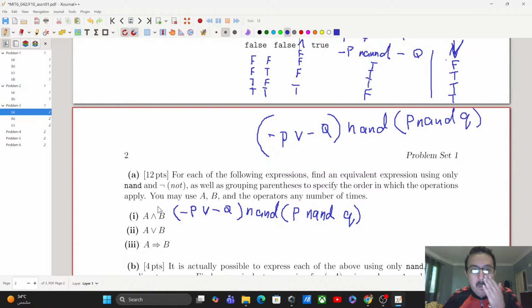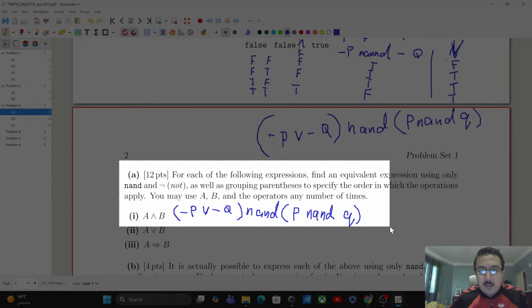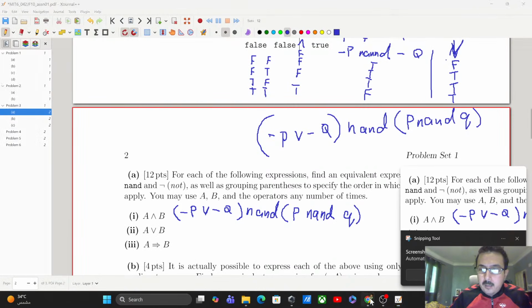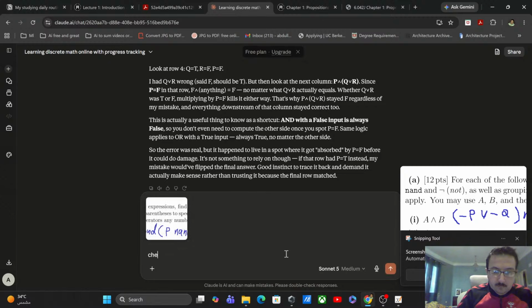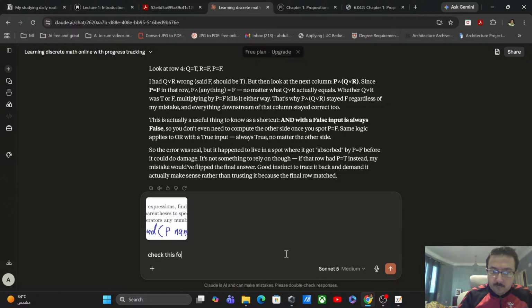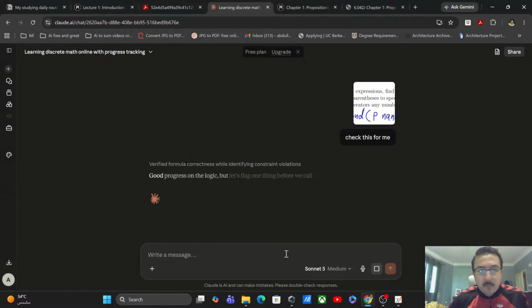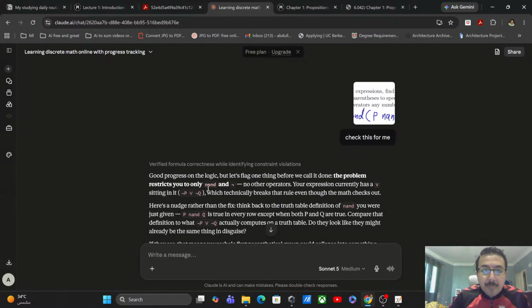Let's check this out. The problem restricts you to only use NAND.